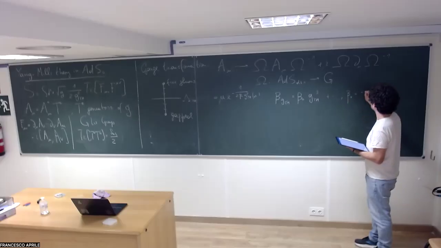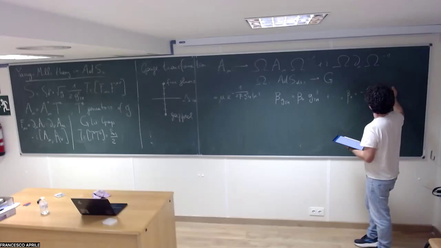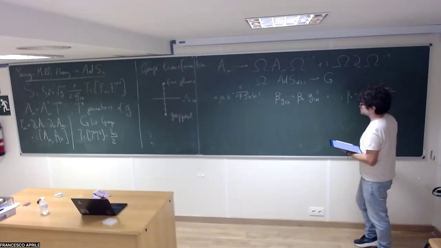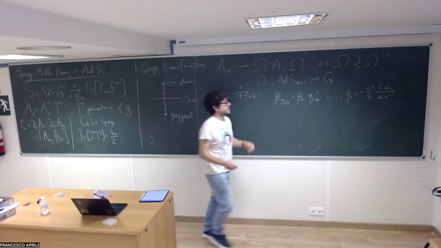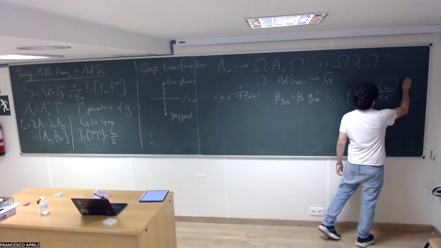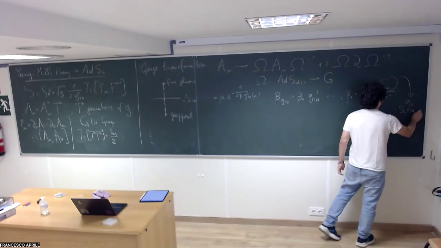So this C is just the representation for SU(N), let's say N_c for SU(N_c).